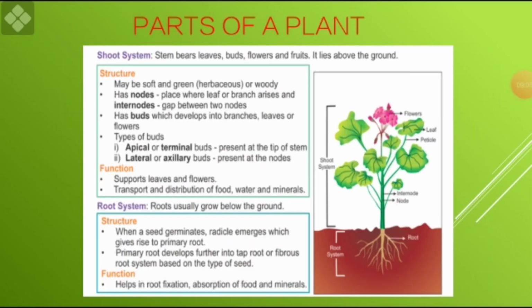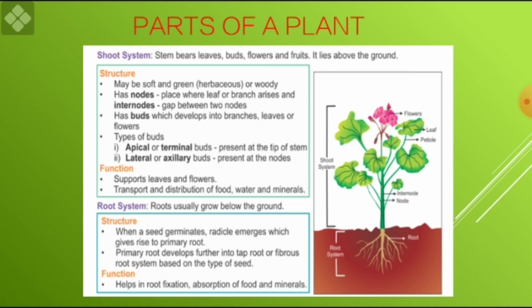So, as a quick recap, we have the parts of a plant. It is the shoot system. The shoot system bears the leaves, buds, flowers and fruits, and it lies above the ground. Some of the plants could be soft and some could be woody. They have nodes.